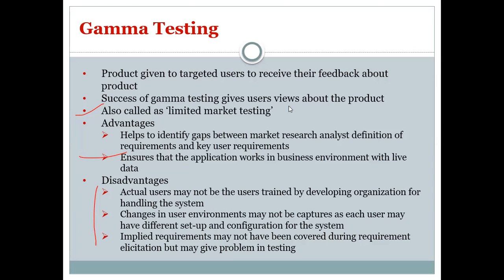So this is the testing which is done with final users. Getting the concept? Whatever feedback is coming from your end user, according to that the success of gamma testing will be decided.